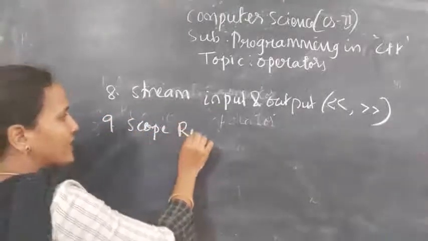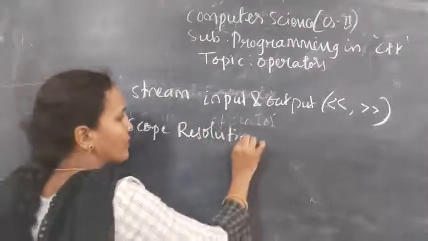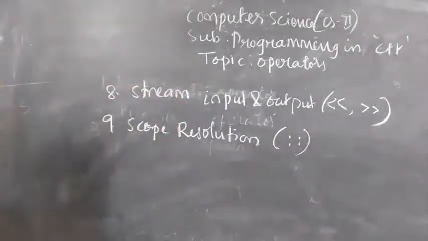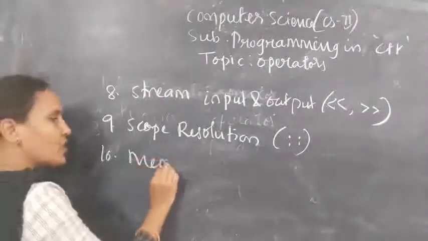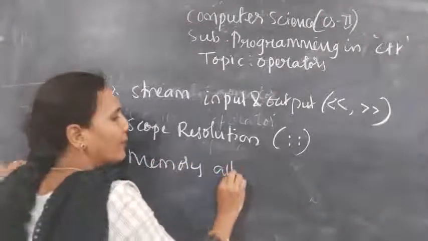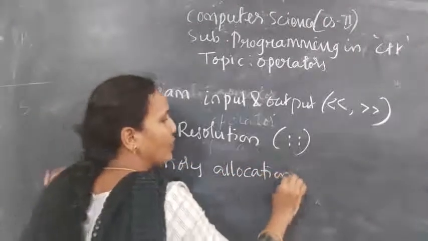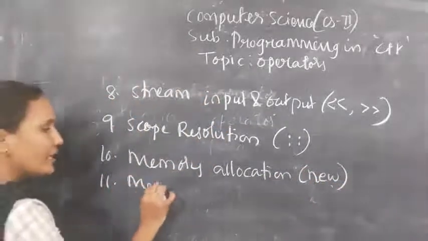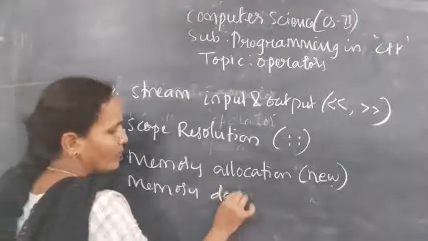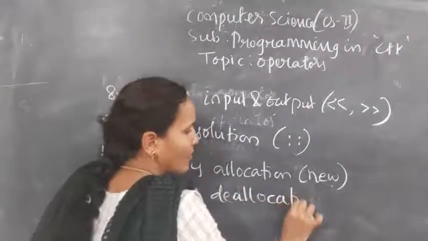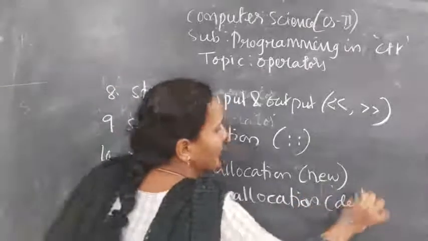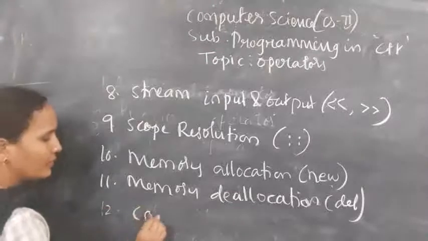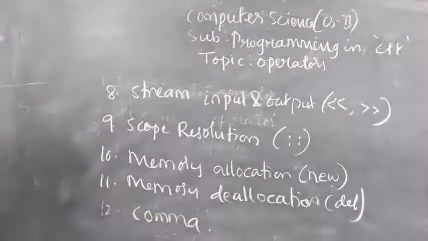Next, the memory allocation operator, that is the new operator. Next, memory deallocation, that is delete. Okay, and we have the comma operator also. It is an extension of this.